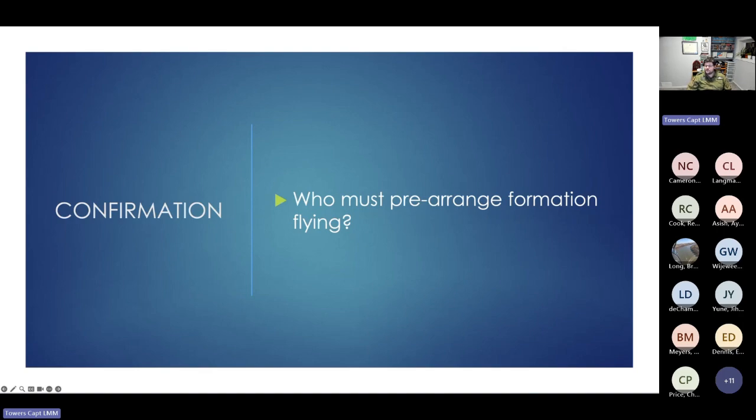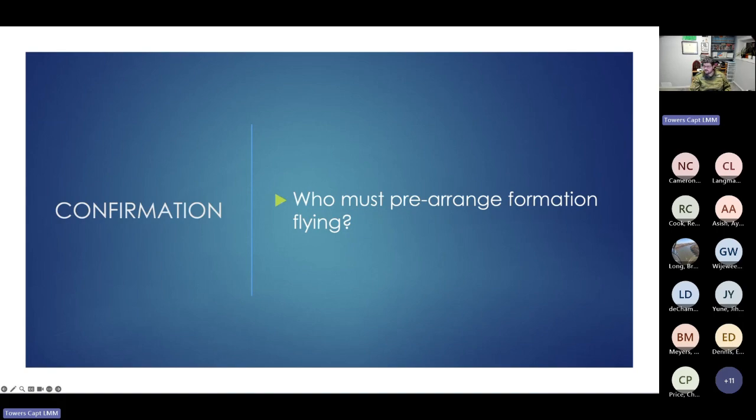Who must prearrange formation flying? You might catch a wicked thermal above a forest fire, but you'll also probably catch lung cancer and poor visibility and death.